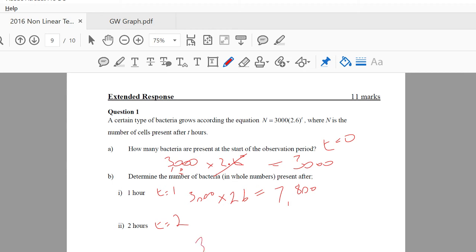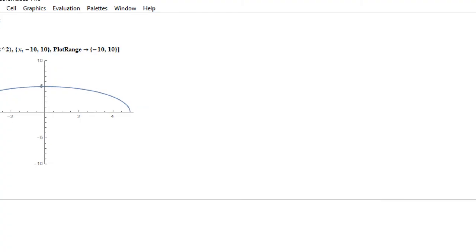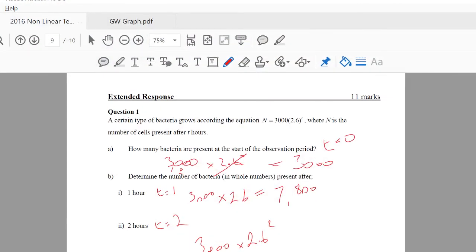The next one is going to be 3,000 times 2.6 squared, because that's what the 2 number is. If we go back to Mathematica and work out what that is, it's 20,280. Question done. There's an easy couple of marks.